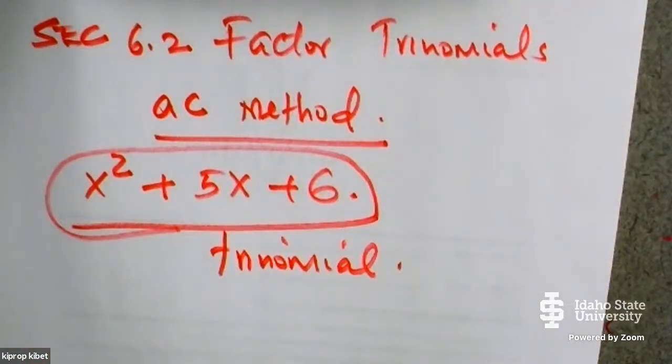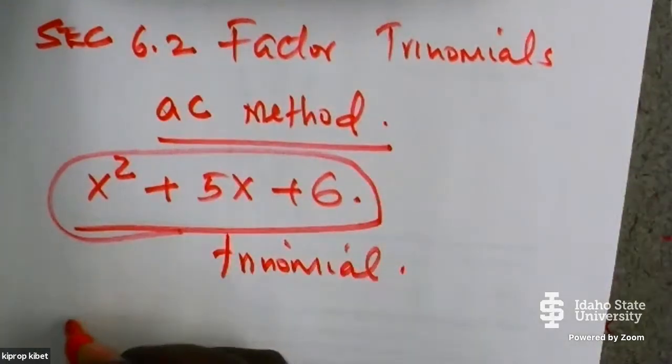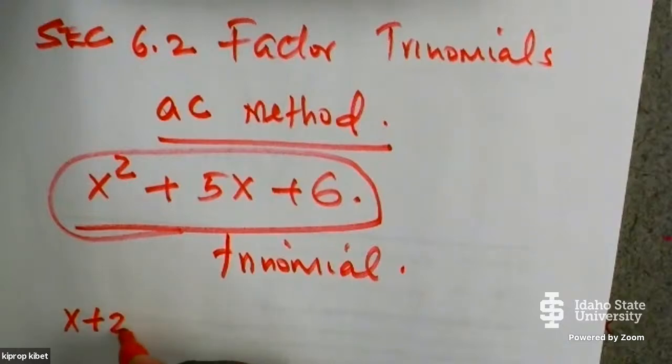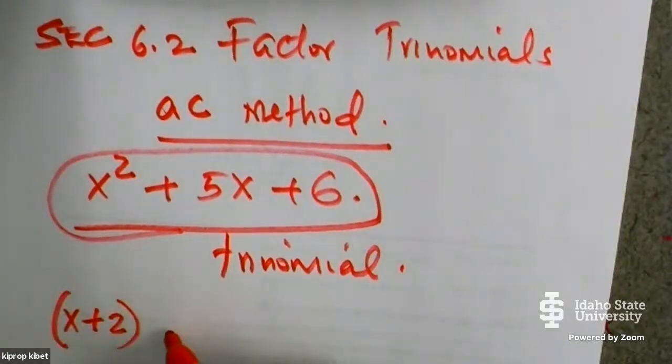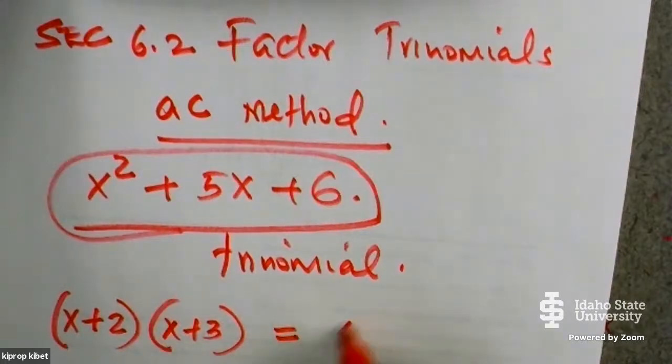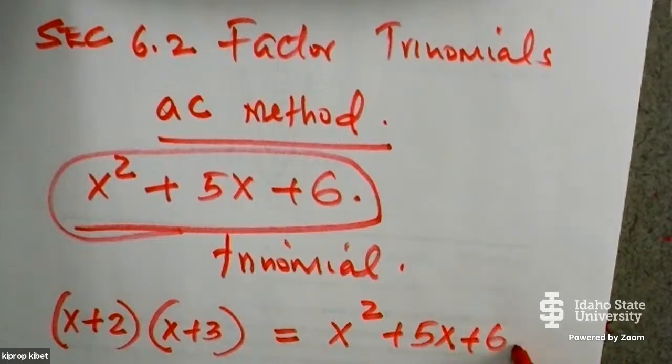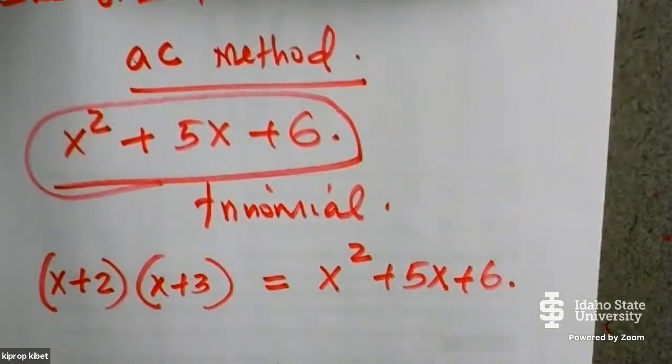The factors of this are x plus 2 and x plus 3, and this equals x squared plus 5x plus 6.